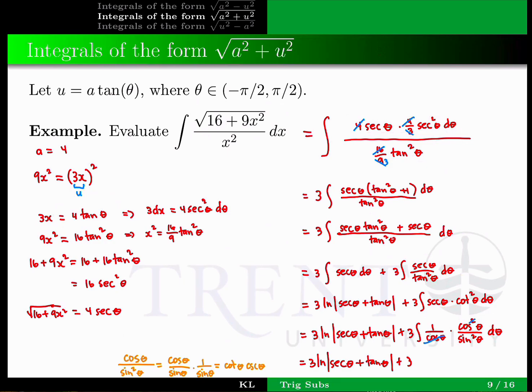Which means the integral simplifies into the integral of cosecant theta cotangent theta d theta. And this part here is easily integrable. This is negative cosecant theta after integrating.